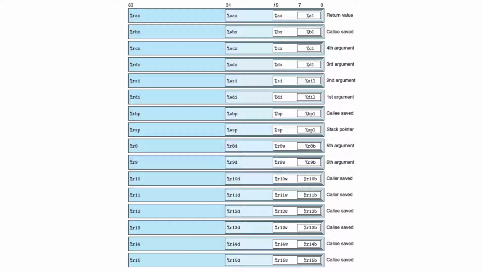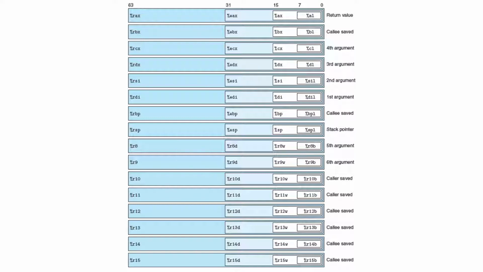Now, this figure shows the full breakdown of all that with all of the different areas that can be addressed. It also shows over on the right here what these registers are usually used for. Now, don't worry too much. We're actually going to go over what all of these terms mean. But for example, when you call a procedure and you give it arguments, the first argument would go into RDI or EDI or DI, right? It'll go into some portion of the RDI register.